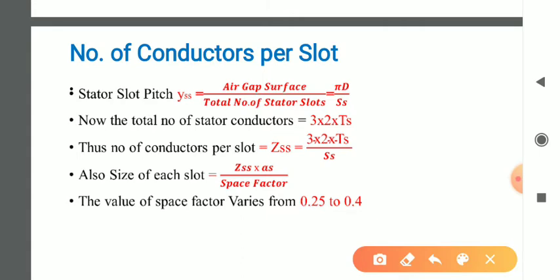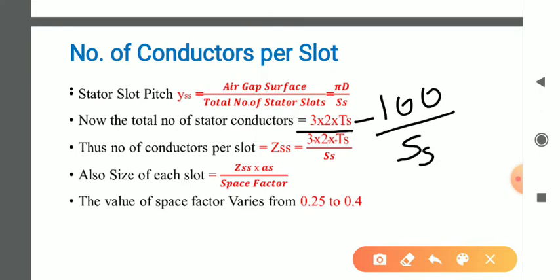Suppose from this equation 3 into 2 into TS, you get the total number of conductors as 100. Then how many conductors are in one slot? Just divide by the number of slots, and the number of slots is SS.